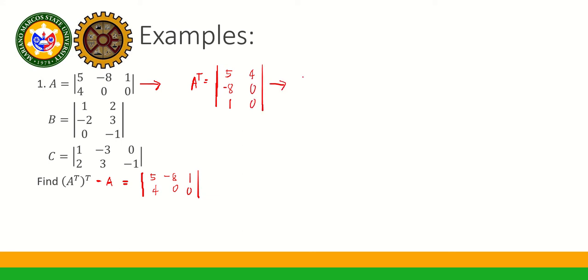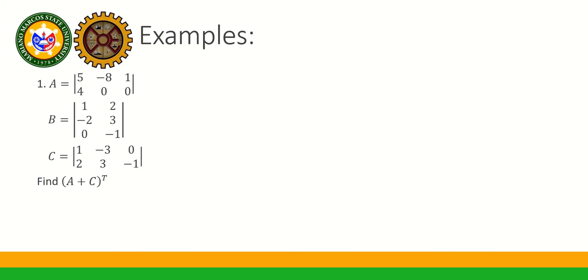And then, again, transpose ulit natin siya. So, yung first row mo magiging elements ng first column mo. And then, for your second row, second column, third row, third column. So, bumalik lang tayo sa original na matrix. Okay, so that is example number 1, letter A.